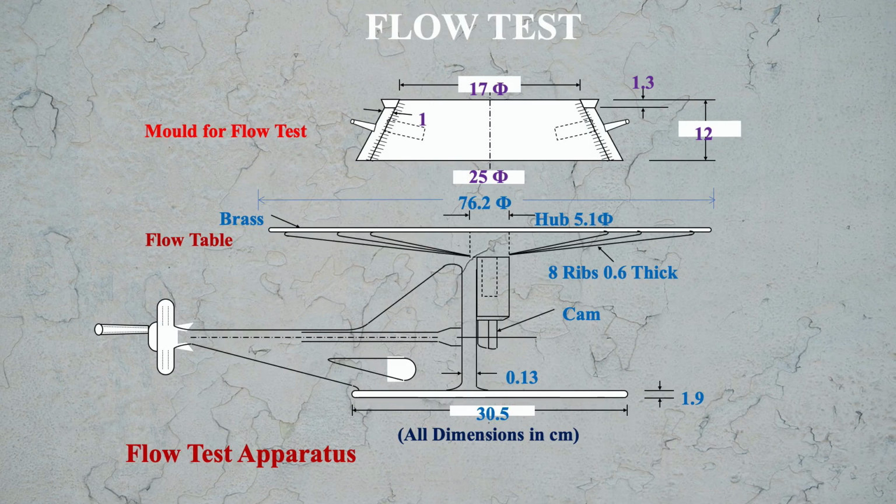Where is this 25 coming from, in the subtraction and the denominator? If you remember, the bottom diameter of our metallic mold was 25 centimeter. So initially when we remove the metallic mold from the concrete, the bottom diameter of the frustum of cone of the concrete was 25 centimeter.